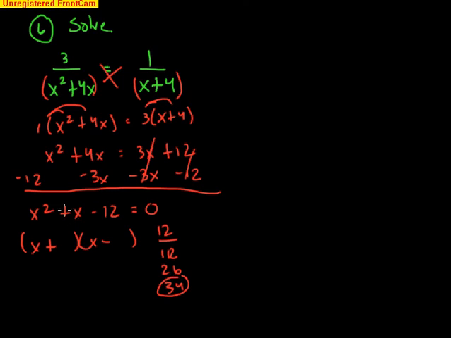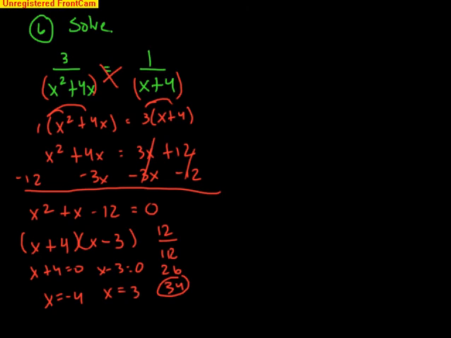We need a difference of 1. That's 3 and 4. It's a positive 1, so the 4 is positive and the 3 is negative. Now this is set equal to 0, so set each one equal to 0 and solve. So we'll subtract 4 and get x equals negative 4. We'll add 3 and get x is 3.